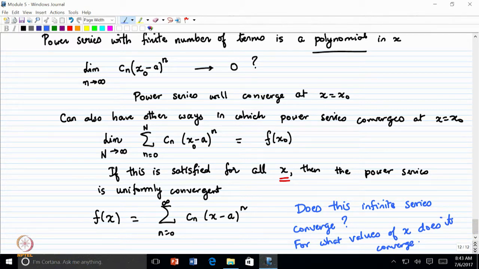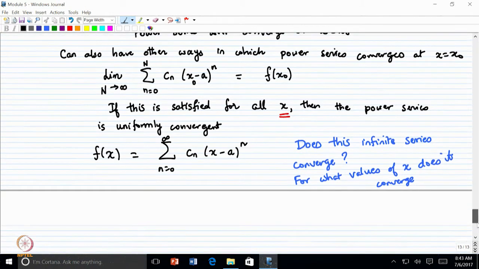Now, an infinite series converging means that you are always tending to that function, you do not go to some undefined value.